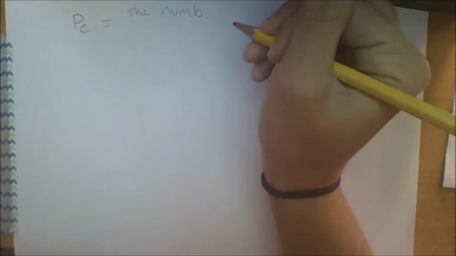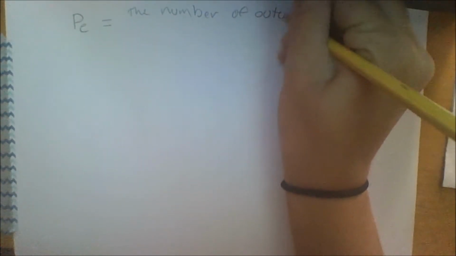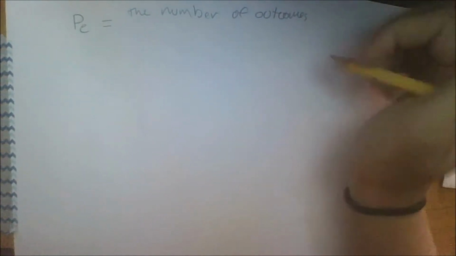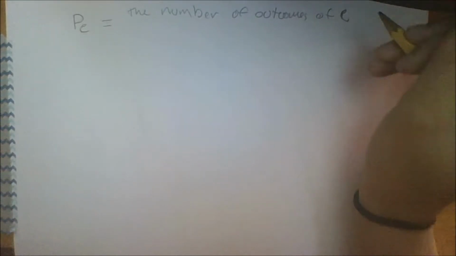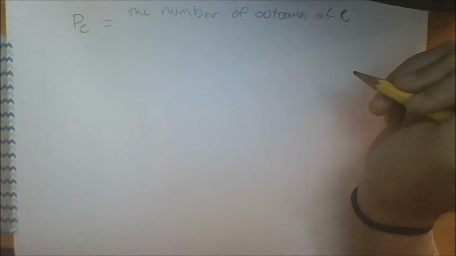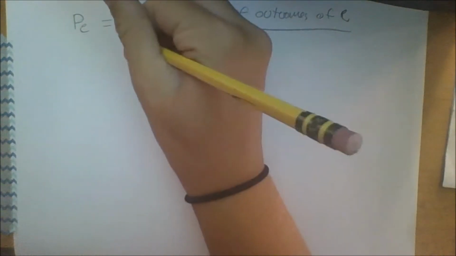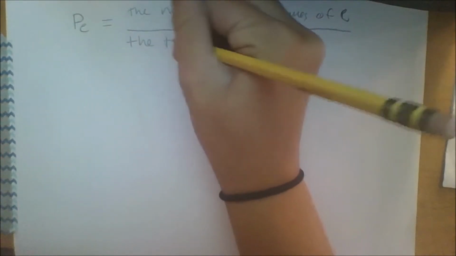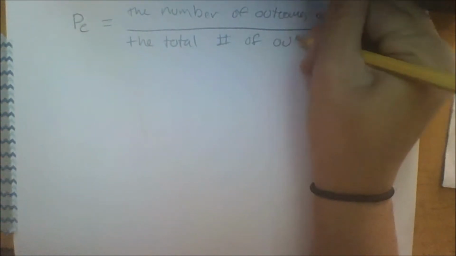It's equal to the number of outcomes that result in E divided by the total number of outcomes.